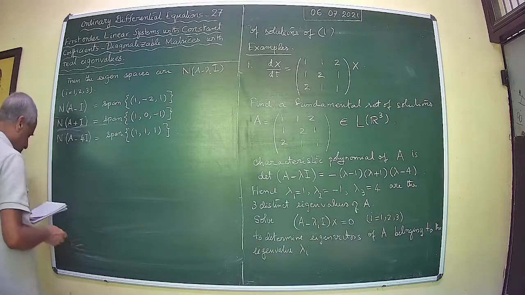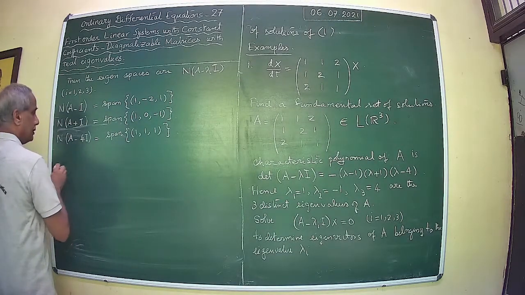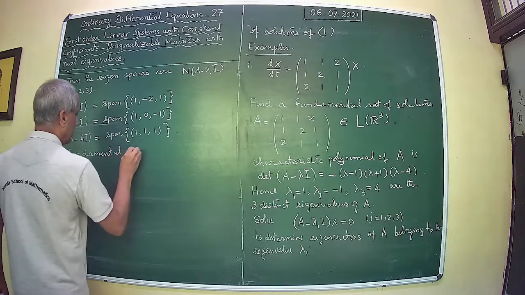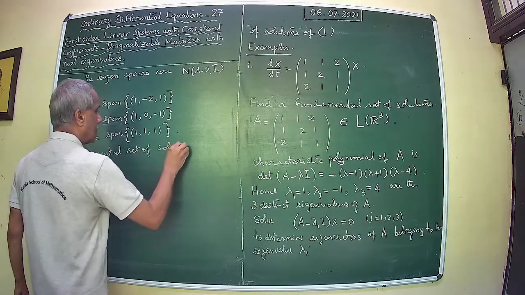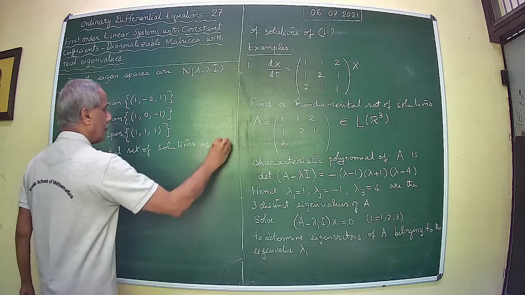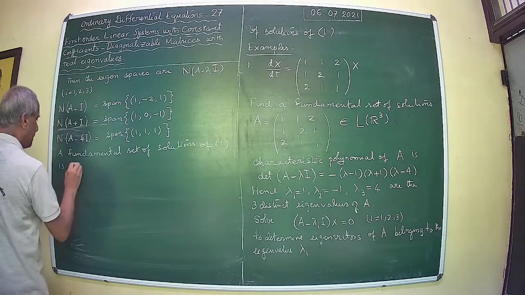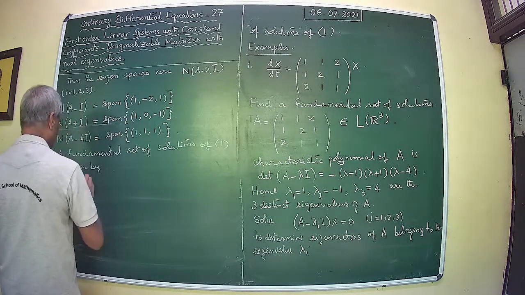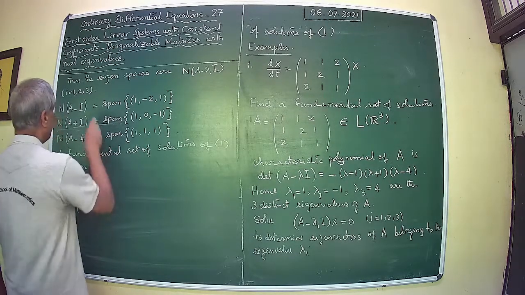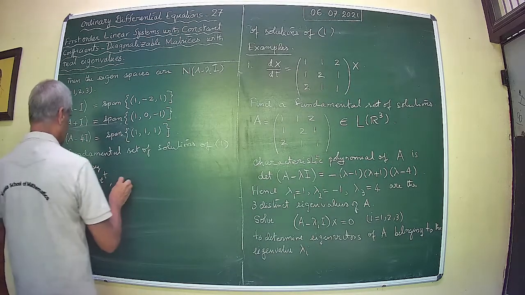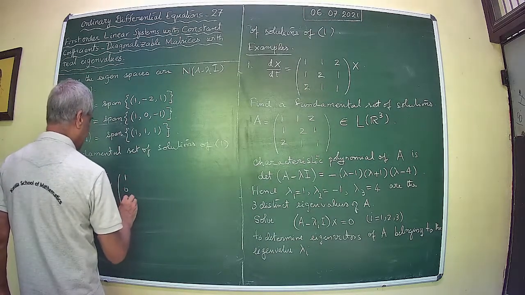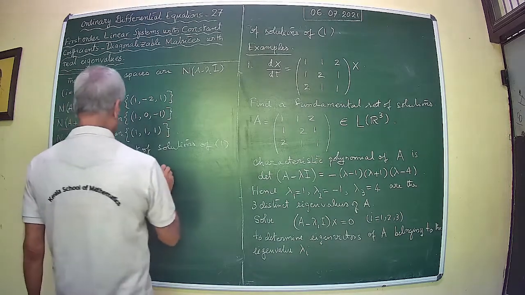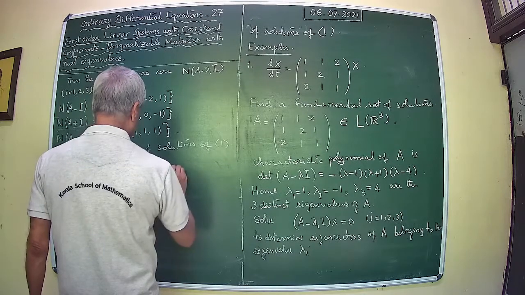Therefore, what is the solution? The fundamental matrix is given by the following: e to the power t times 1 0 minus 1, e to the power minus t times the next vector, and e to the power 4t times 1 1 1.